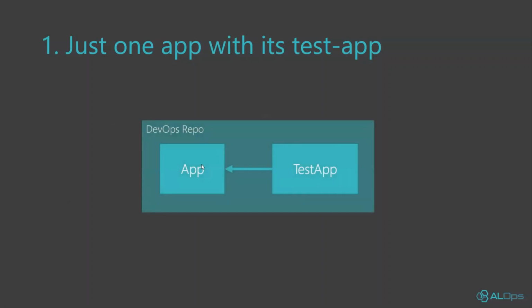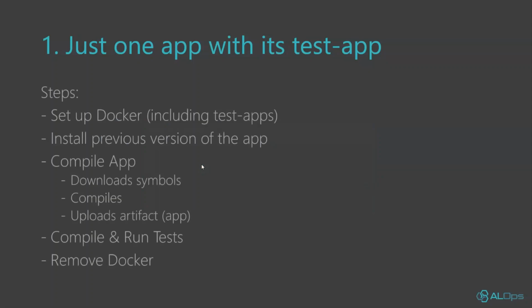So what we have here is just one repository with an app and its test app. The steps that we will execute there: we will set up Docker, we will install the previous version of the app. Why that is, I will tell you at the end of this webinar. And then we will compile.